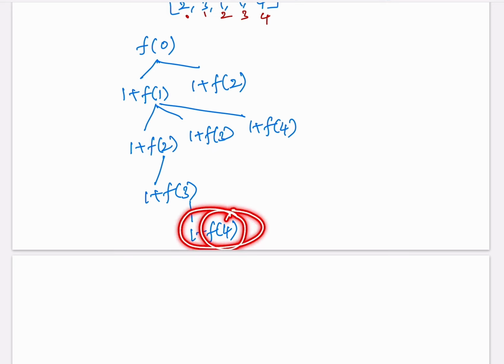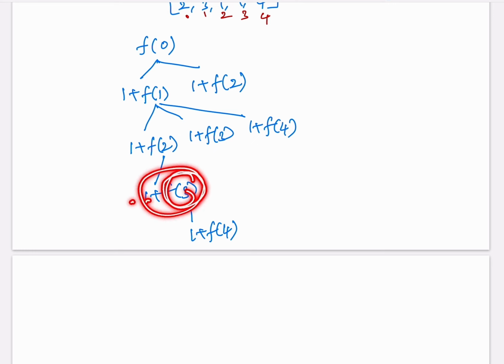So this will be the 1, and when this gives 1, so 1 plus f of 3, which gives 2, it returns 2 plus 1, it returns 3.